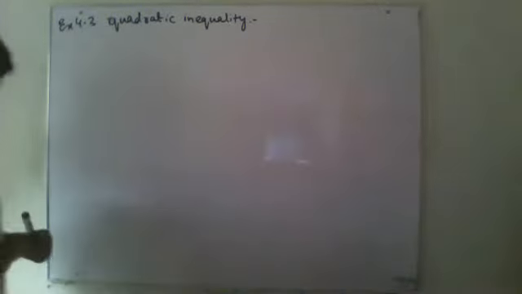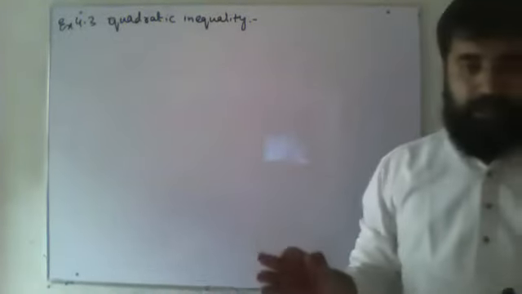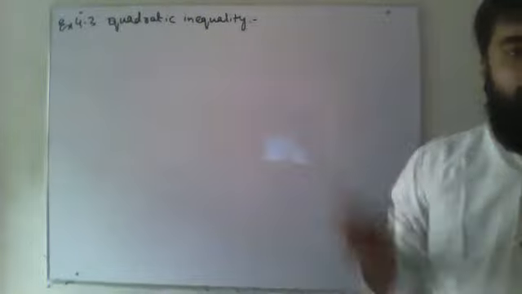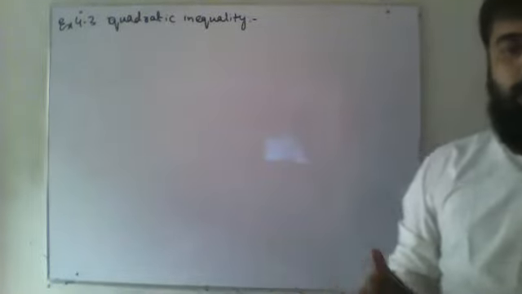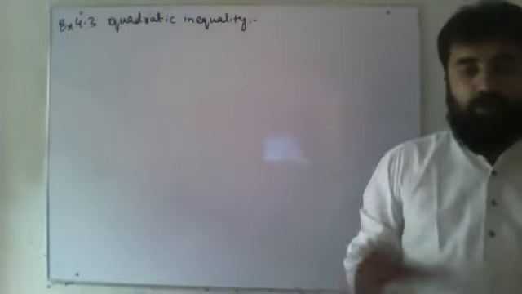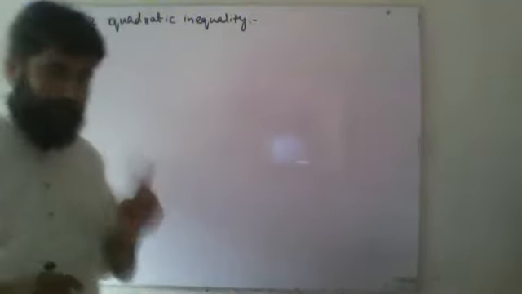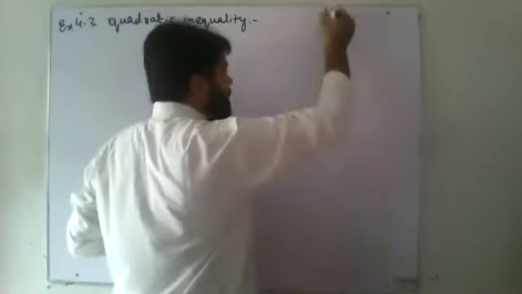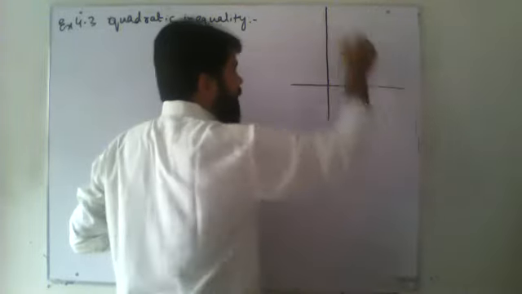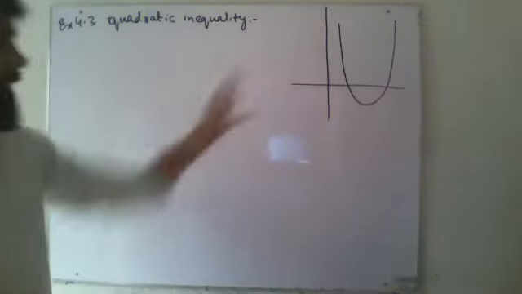So the first thing you have to do, beta, is to try to keep your x square coefficient in positive form, so that you can work out your result easily. Keeping it positive, you will always have this type of graph. You will only be working on this type of graph.